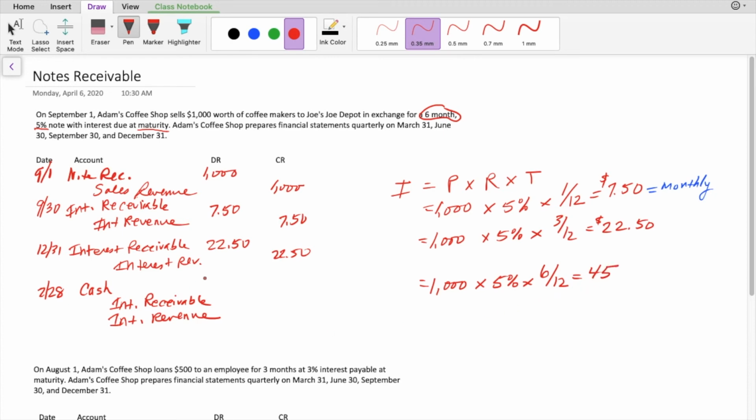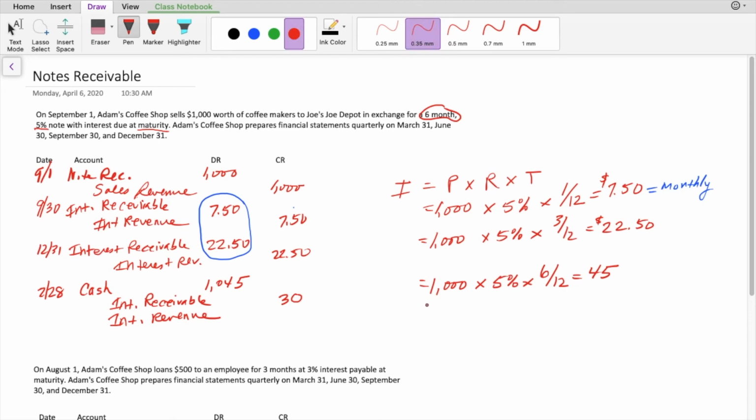And so I'm going to get $1,045 in cash. How much have I accounted for already as interest receivable? How much do I have in my interest receivable account? Well, I have $30 in interest receivable, so I can get rid of $30 from my interest receivable.